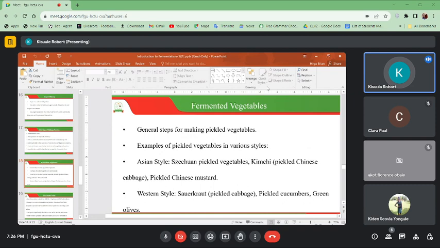And also the Western style. Sauerkraut, or pickled cabbage, is always present if you go to big restaurants, even medium restaurants, if they have the knowledge of preparation. There are also pickled cucumbers and green olives.